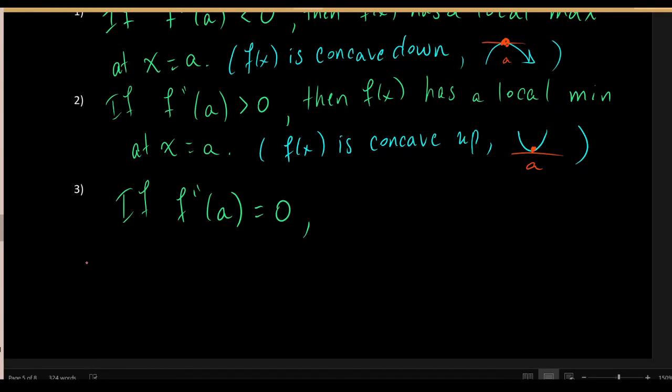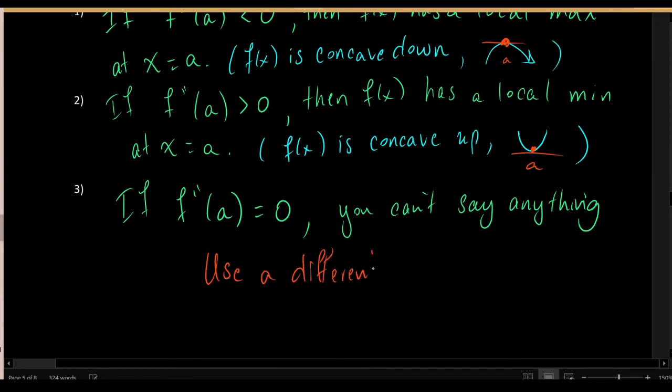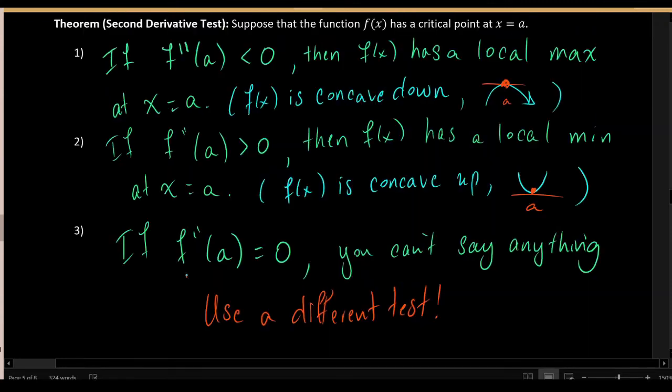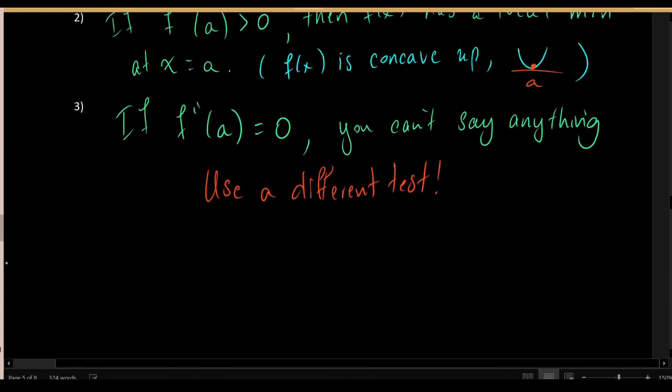Because the second derivative test tells you absolutely nothing at all about what's happening in this situation. If f double prime of a is equal to 0, then the second derivative test is no good and cannot help you at all in that situation. Anything could be going on and you have no way of knowing except to investigate by different means.